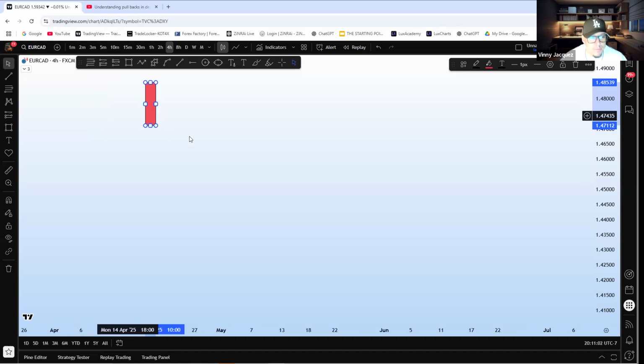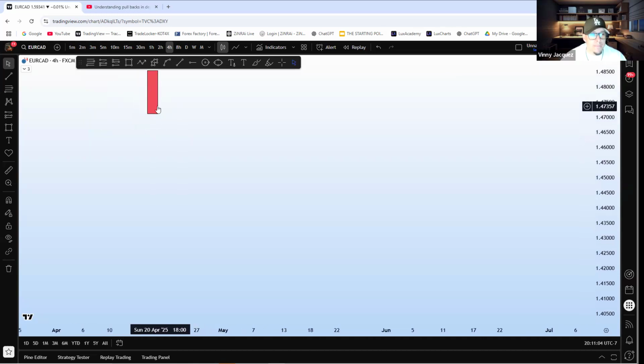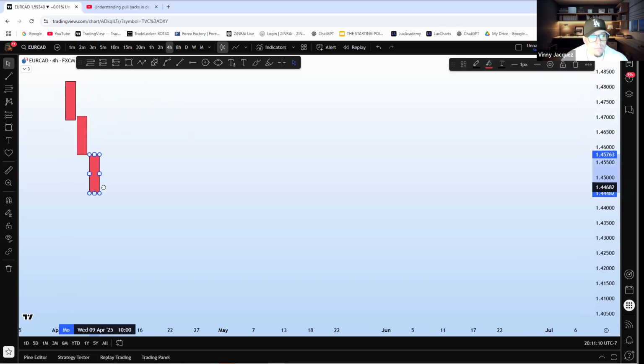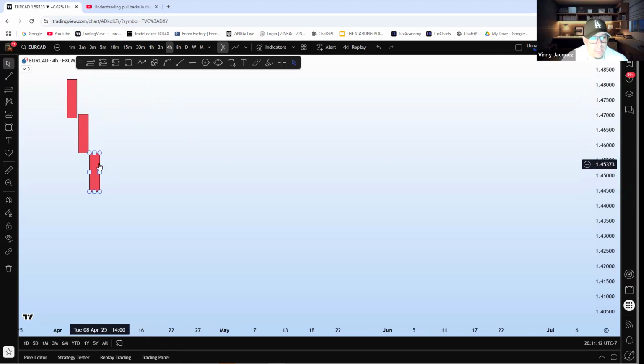All right. So let's go ahead. As of right now, market's giving us some aggressive bearish momentum. Let's go ahead and create some structure here. Give me some buy candles. Awesome.